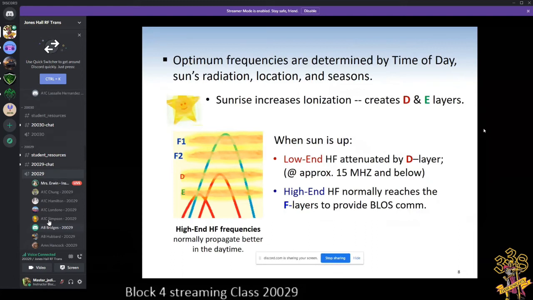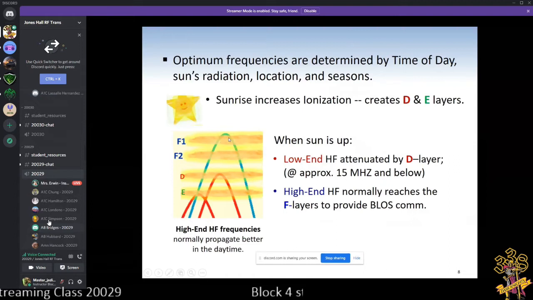Okay. Previously, we discussed that when you have high ionization in the daytime, the lower end of your HF band has a tendency to get absorbed in this lower layer, so it cannot reach this F layer to give you that long haul communication. So in the daytime, when you have high ionization, the upper end of the HF band normally reaches the F layer and can be used.